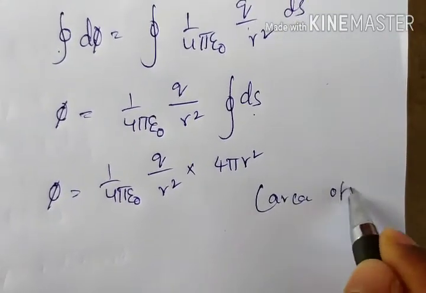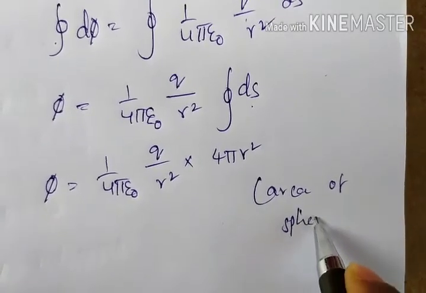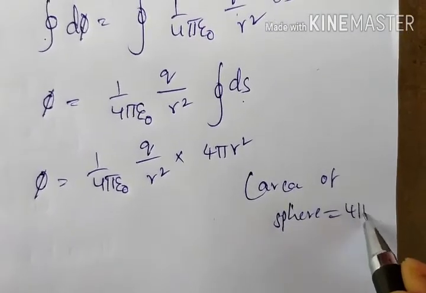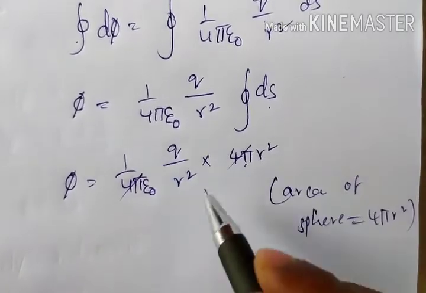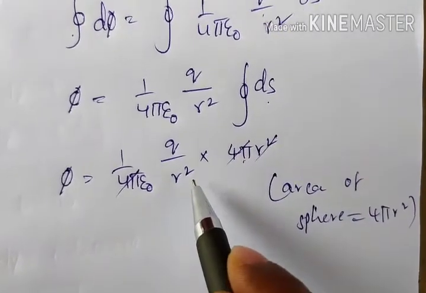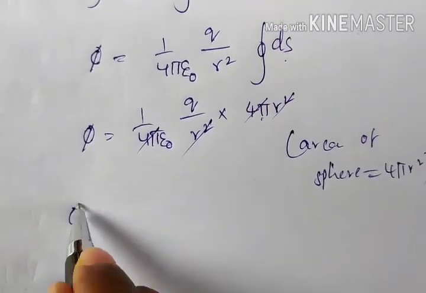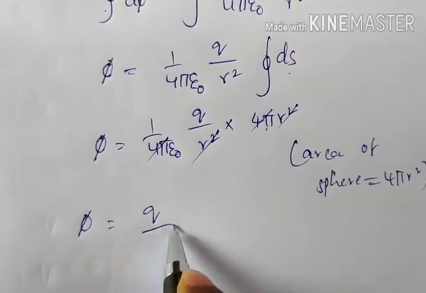Now cancel it, r square is also cancelled, so the resultant phi is equal to q by epsilon naught.